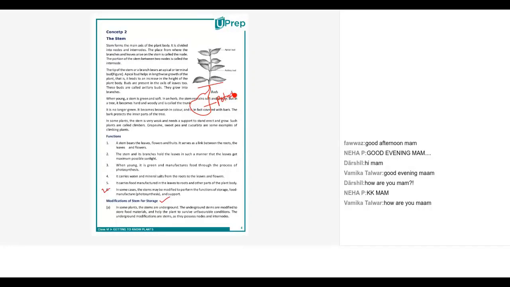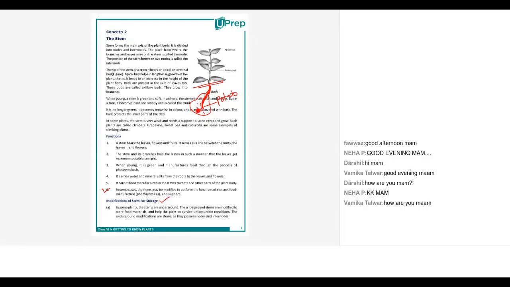Potato is full of water and has a lot of starch in it. When the situation is unfavorable and the plant does not get enough water, the plant derives its nutrition from the stored stem. This stem then provides all the nutrition, maybe for a day, 2 days, 3 days, or whatever.